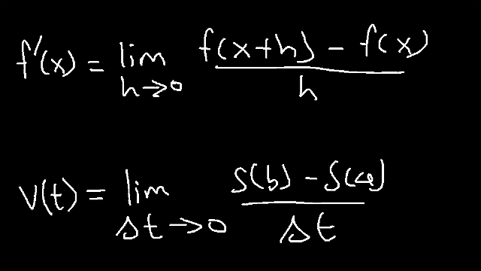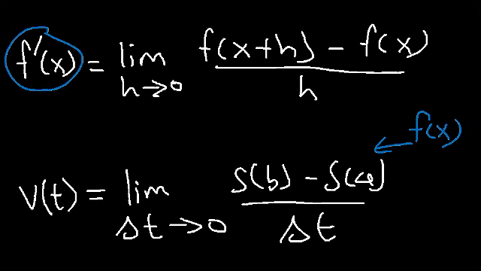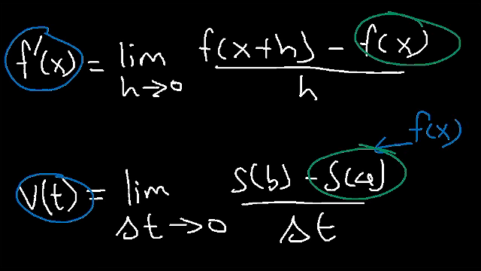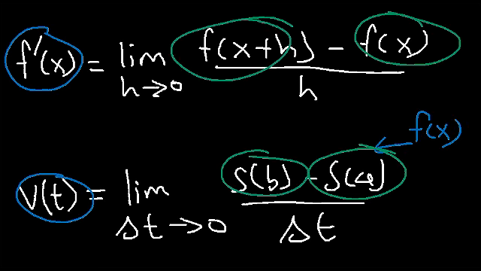But notice that the original function is the position function. The derivative of the position function is velocity. Notice the similarities between the two equations. s of a is basically the original part of the function, and this is s of b, which corresponds to this part of the function.